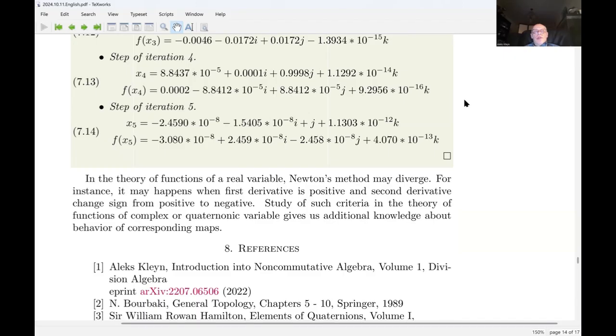In the field of functions of a real variable, Newton's method may diverge. For instance, it may happen when the first derivative is positive and the second derivative changes sign from positive to negative. The study of such criteria in the theory of functions of complex or quaternionic variables gives us additional knowledge about the behavior of corresponding maps.